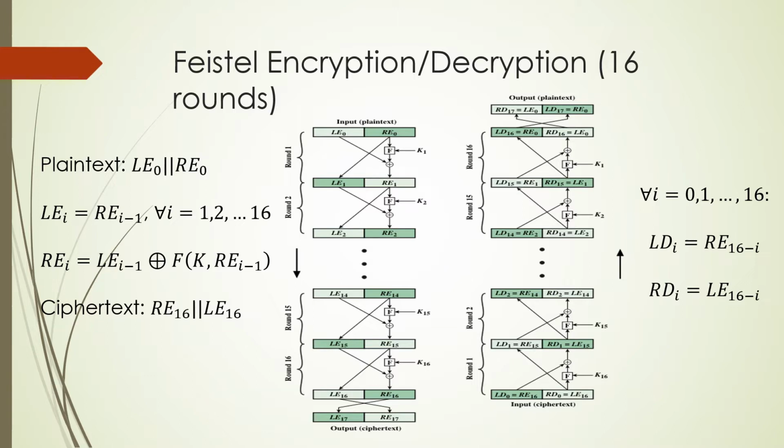The idea of the Feistel encryption algorithm is to convert a plain text that you see on the top to a ciphertext that you see on the bottom with the help of a number of subkeys, which you see here, K1, K2, all the way to K16, which are all derived from a single key that is shared between the encryption and the decryption algorithm.